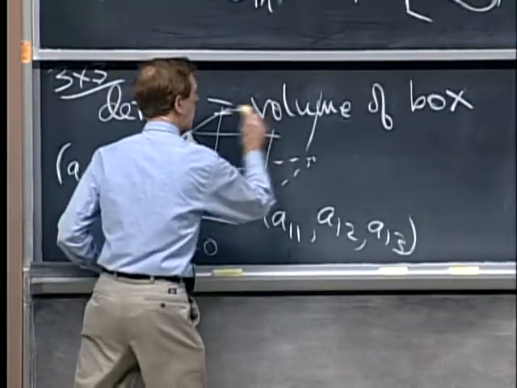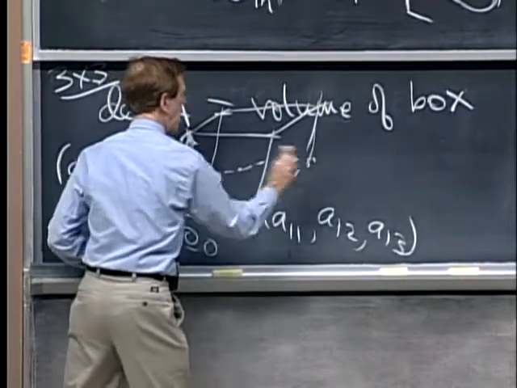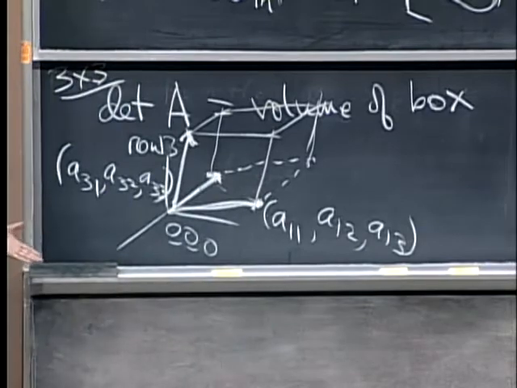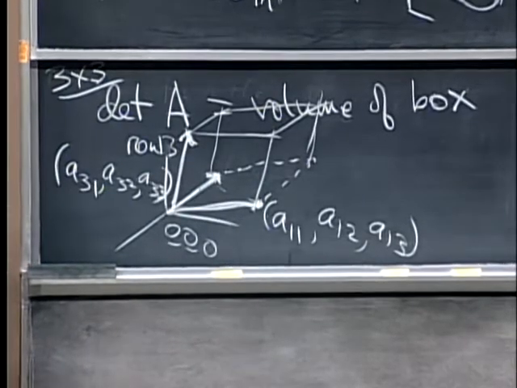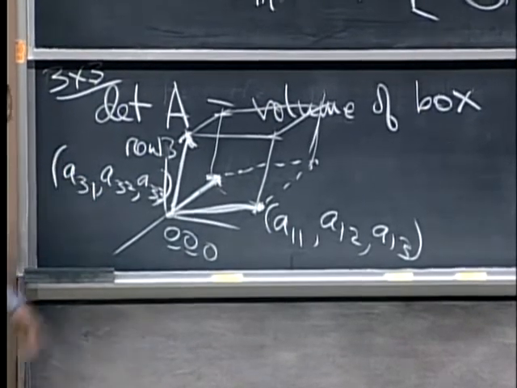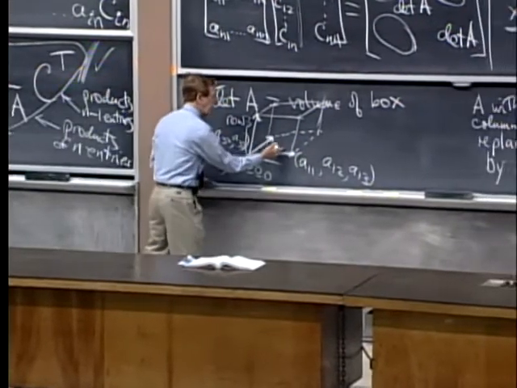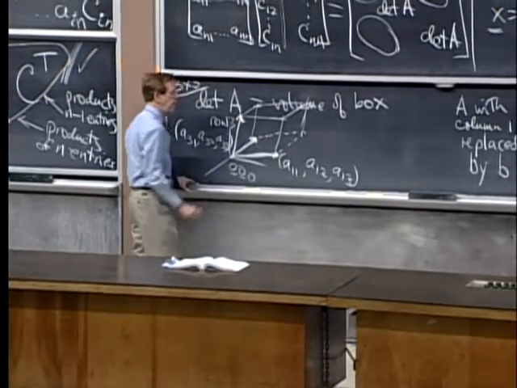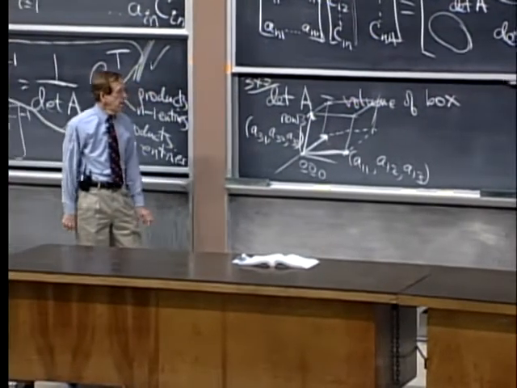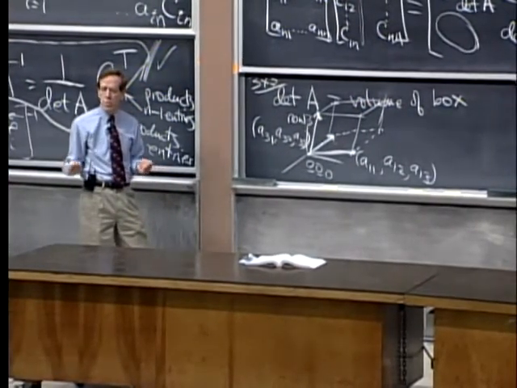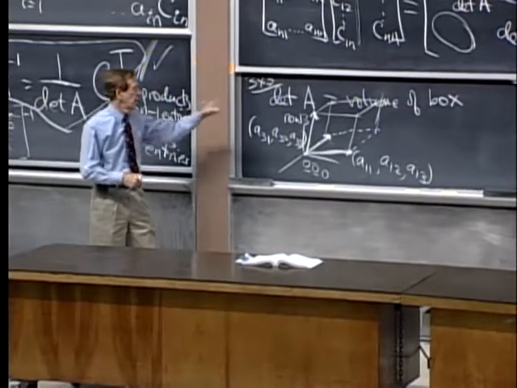There's the top of the box. It's the box that has these 3 edges, and then it's completed so that each side is a parallelogram, and it's that box whose volume is given by the determinant.